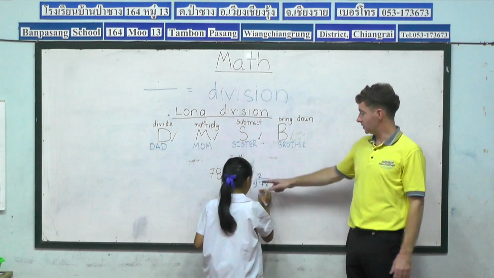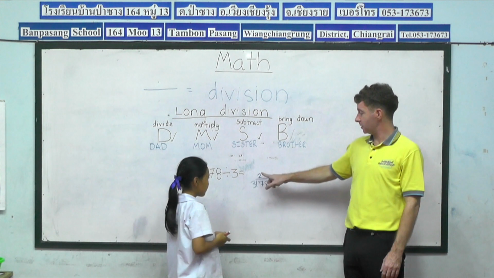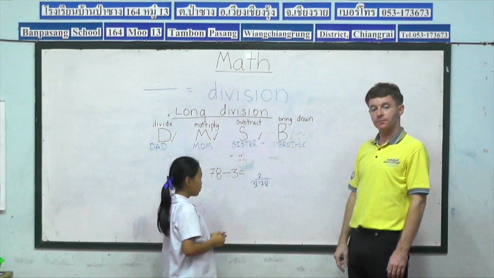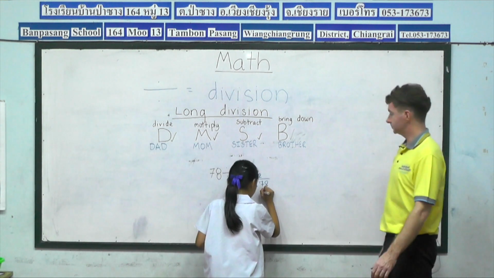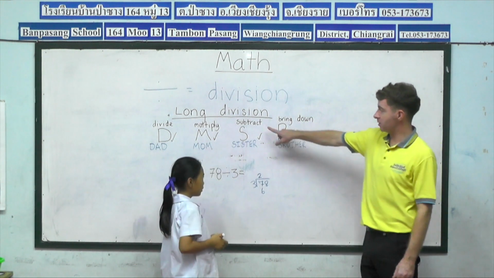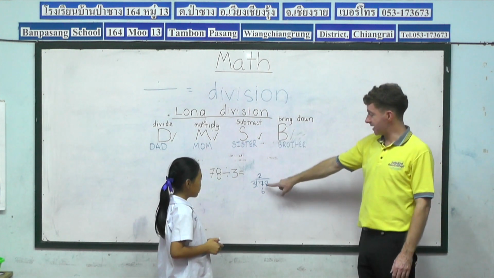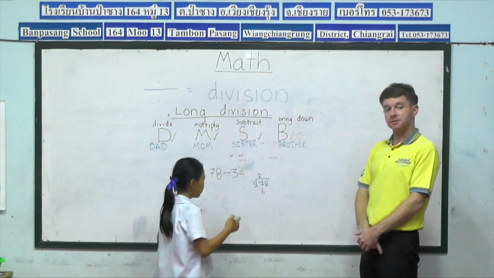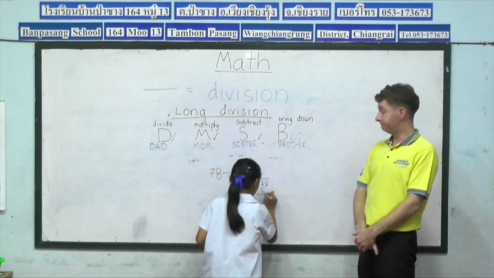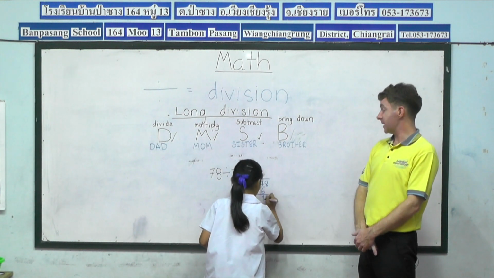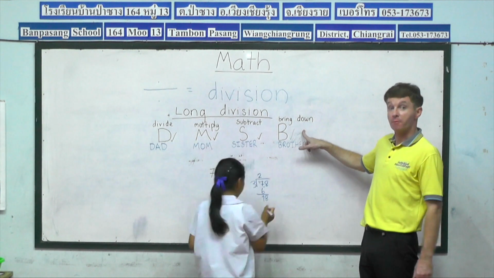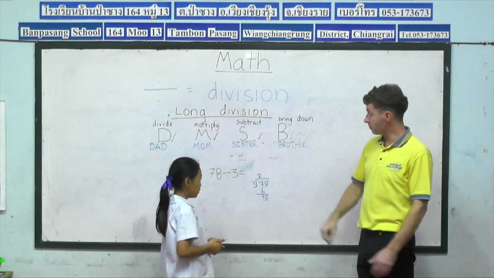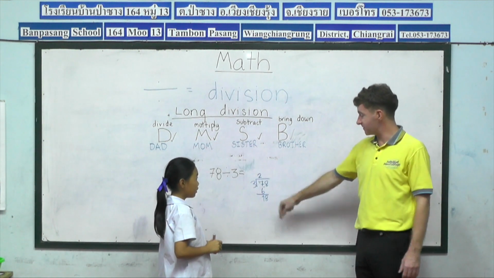And then our next step, 3 multiplied by 2 equals 6. Step 3, 7 minus 6 equals 1. And then we're ready to bring down. What number do we bring down? Nadia's done it. We bring down 8.